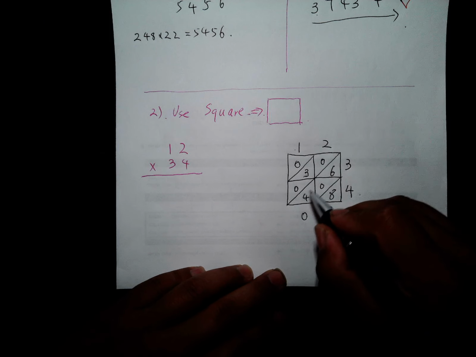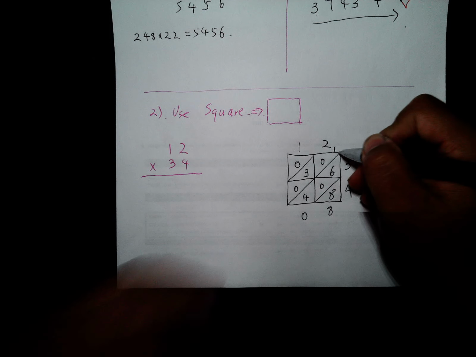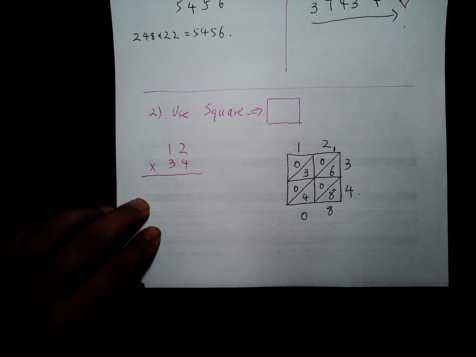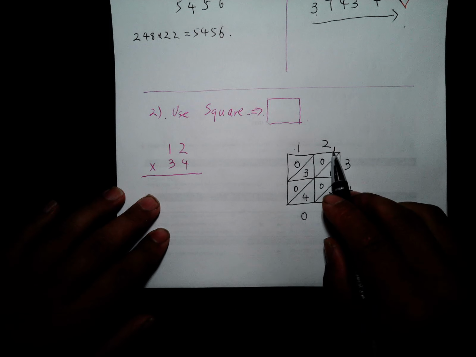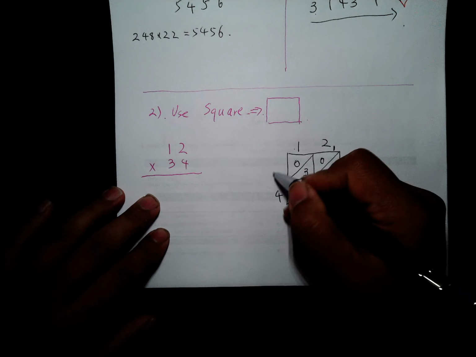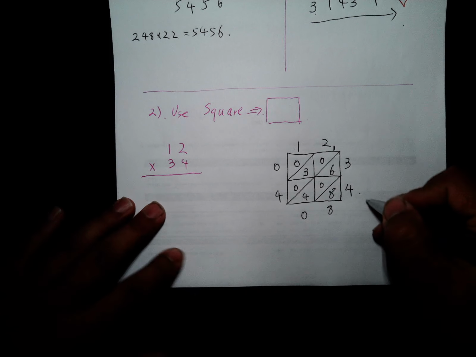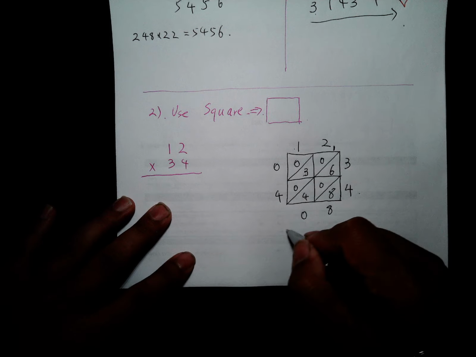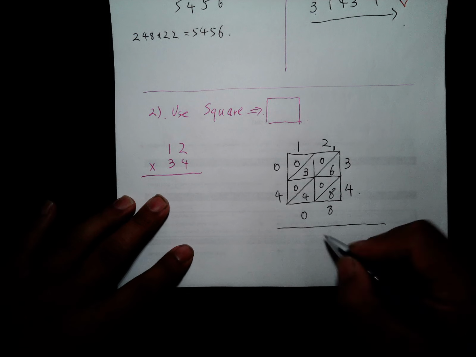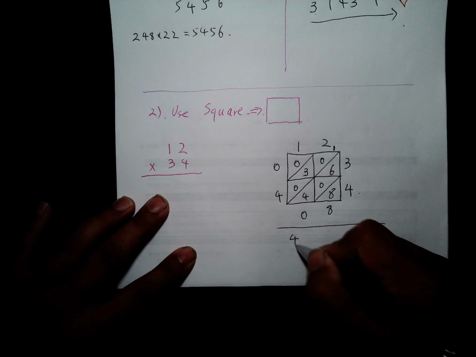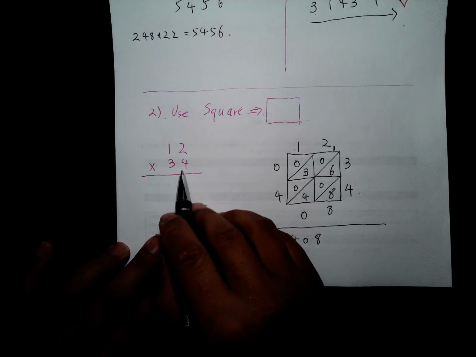Please remember the number moves to the next line, so put 1 here. The other one is 3 plus 1 is 4. Here is 0. So we get 12 times 34 is 408.